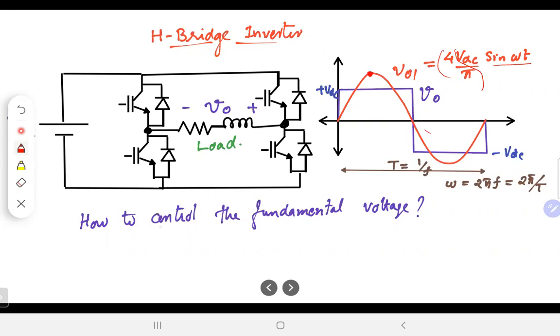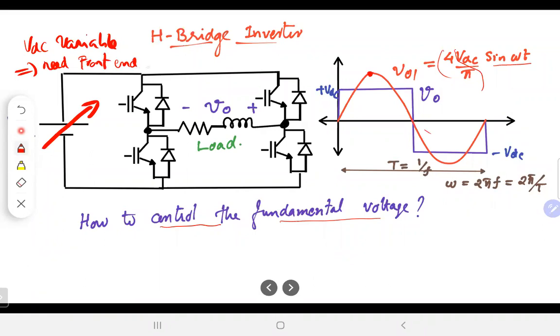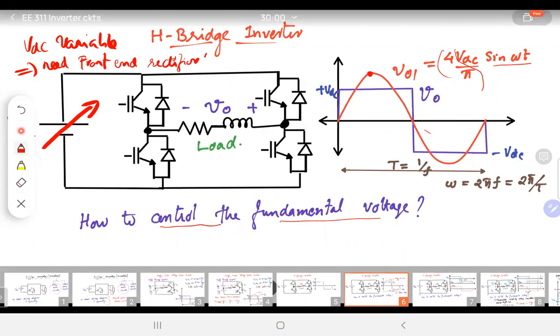Now we would like to control the fundamental, as we already mentioned. You can always do that by changing this VDC, but a variable VDC implies that you need a front-end converter, a front-end rectifier, or a DC to DC converter.